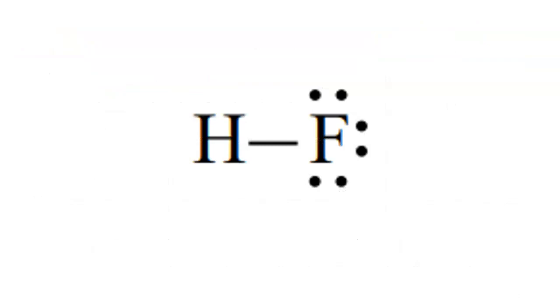So let's go back over to our hydrogen fluoride molecule. Basically, what I did was take 1 valence electron here, which is represented by a dot. Then we have our 7 valence electrons for fluorine, in group 7.